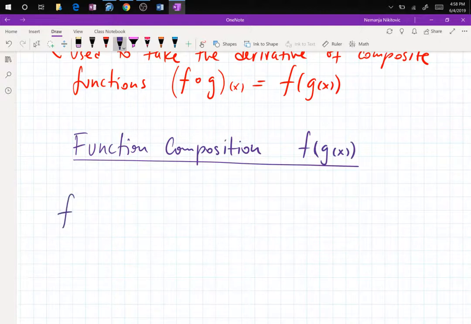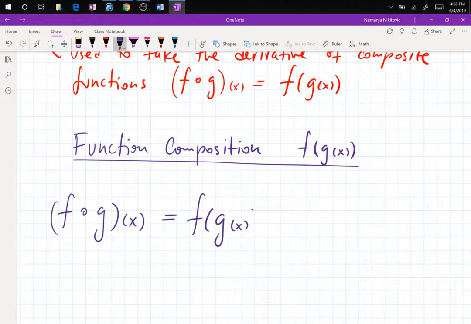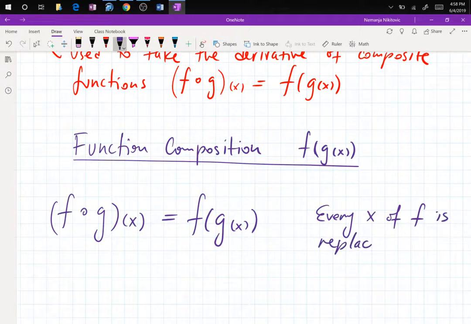So f composed with g is f of g of x, and since we are used to looking at f of x, we can clearly see that every x of f is replaced by g.